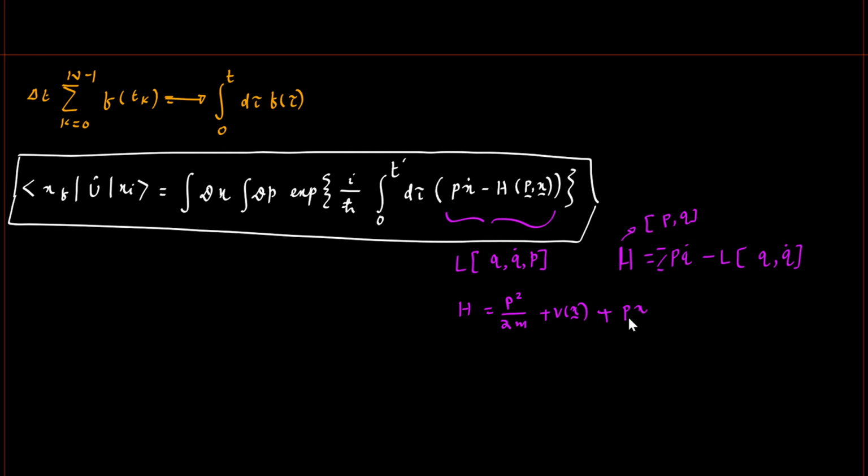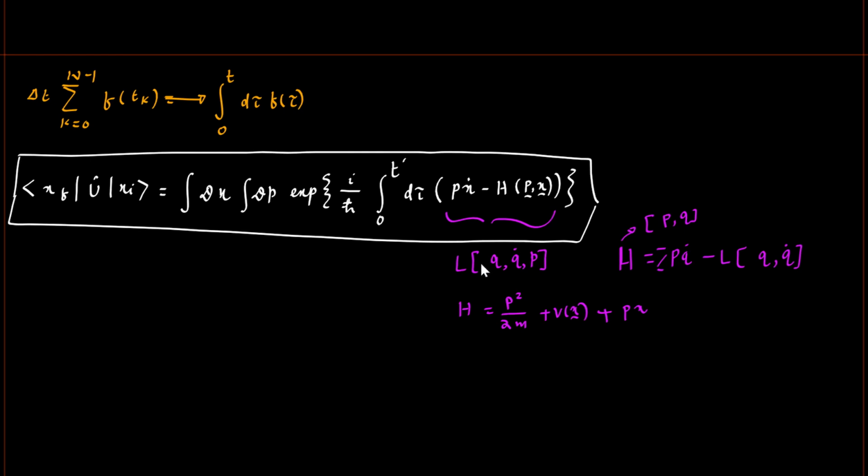Whenever we have a mixed term, the Lagrangian which we can construct from this Hamiltonian cannot be a function of q and q dot only. It is a function of q dot and momentum also. So we can say that this expression is not exactly the Lagrangian.